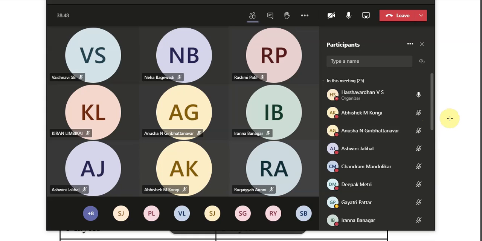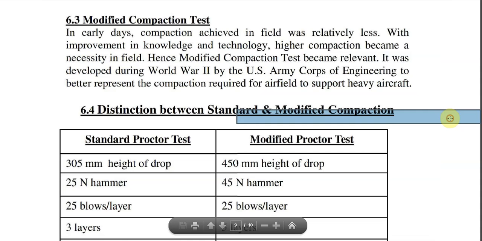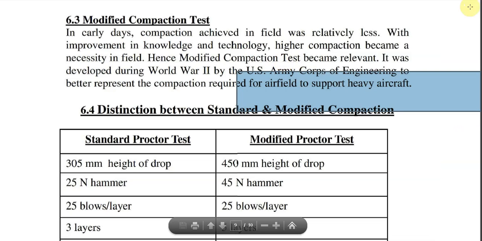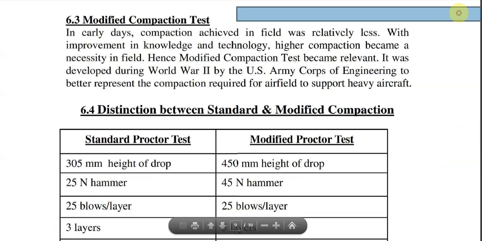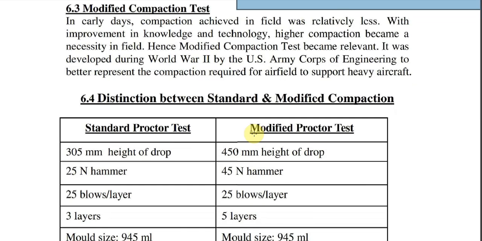So if you are constructing a runway where you are expecting the plane to travel, then the soil that is compacted beneath that runway, to check that particular compaction or to check the maximum dry density and optimum moisture content of that particular soil, you must conduct modified Proctor test or modified compaction test. Okay. So please remember this: modified compaction test or modified Proctor test is conducted when we are expecting heavy loads.